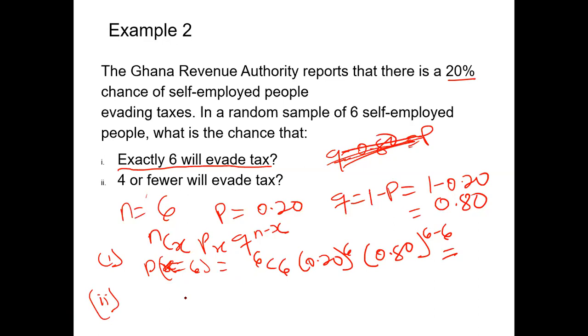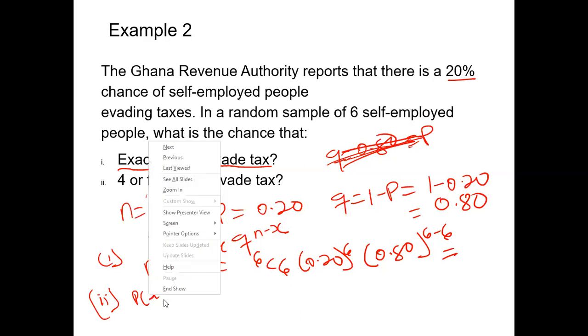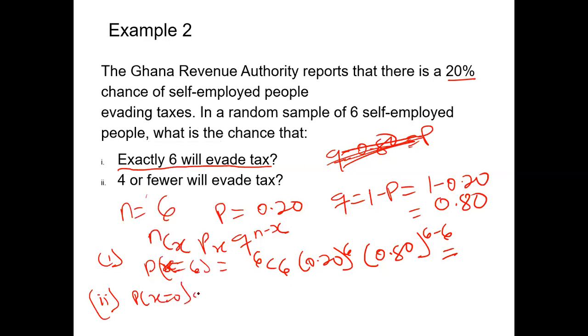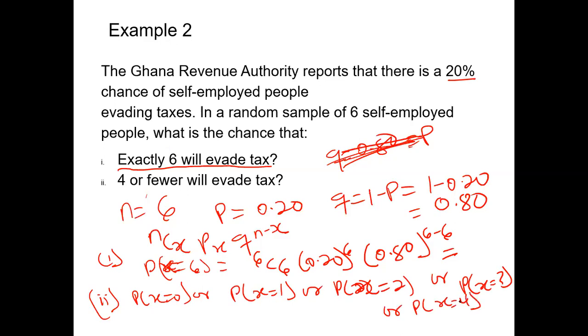So it means that 4 or fewer, we are talking about the probability that 0 will evade tax, or the probability that 1 will evade tax, or the probability that 2 will evade tax, or the probability that 3 will evade tax, or the probability that 4 will evade tax, because it says 4 or fewer will evade tax.